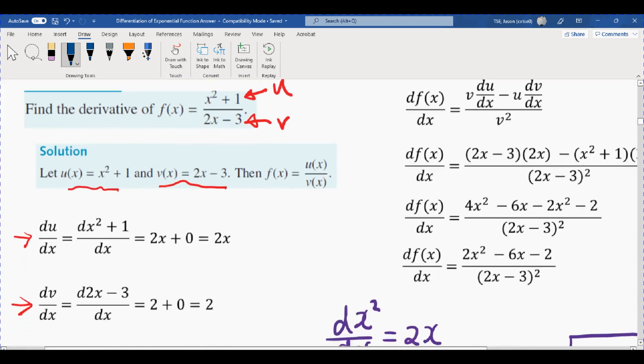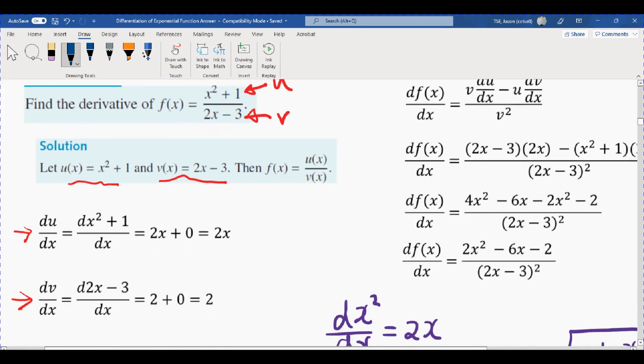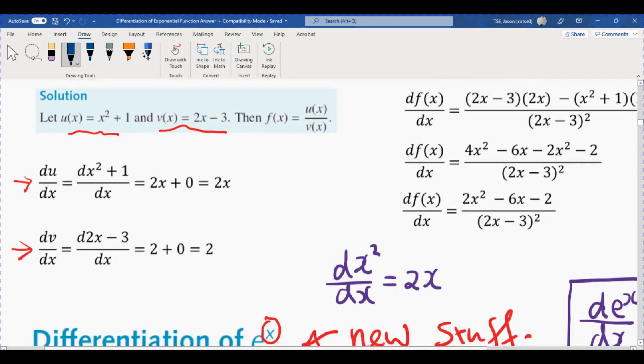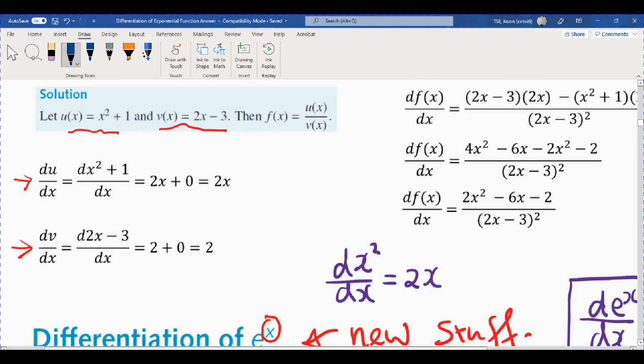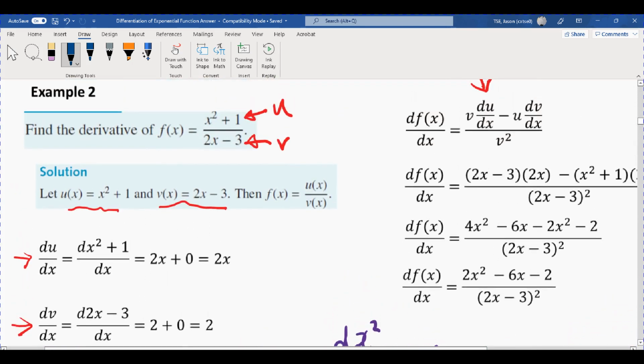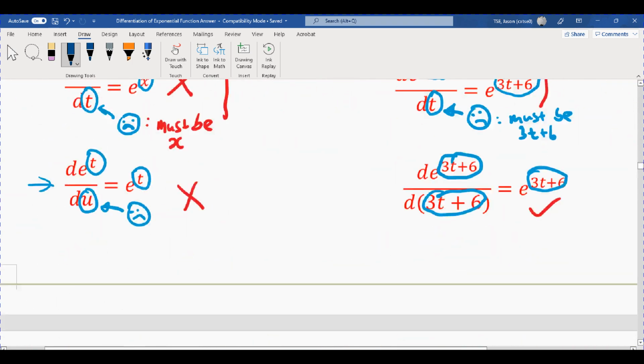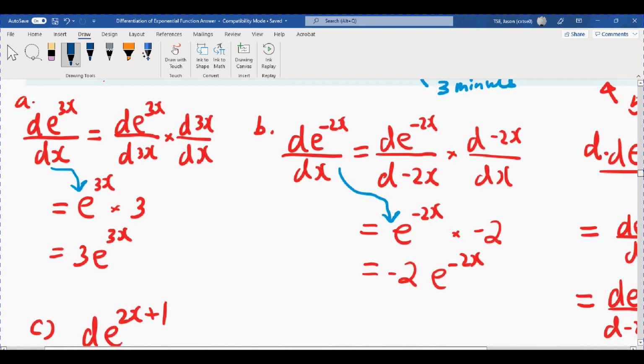Normally, because the quotient rule is quite bulky, meaning you see fractions and there are two derivatives, we would prefer doing the derivatives first, and then substitute them into the form of the quotient rule.